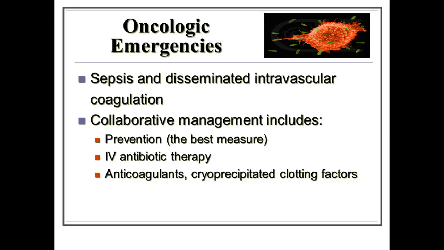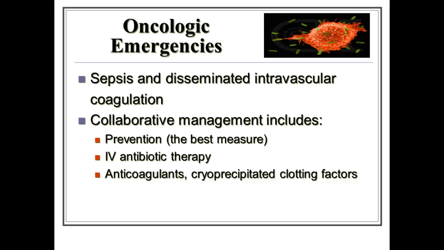So, with that sepsis and disseminated intravascular coagulation, the organisms basically enter the bloodstream and they can cause the patient to have septic shock. Patients with cancer are at risk for infection, and sepsis is a real great risk. So when you're treating the patient, you're doing everything really quick.